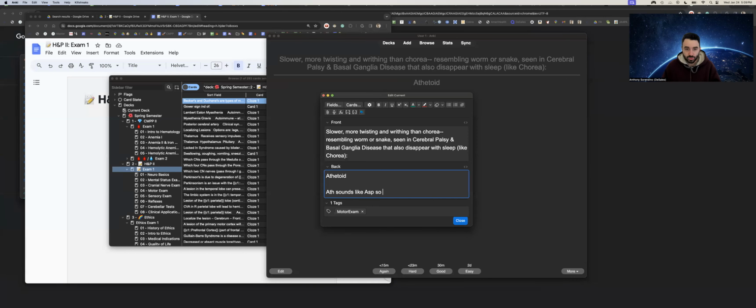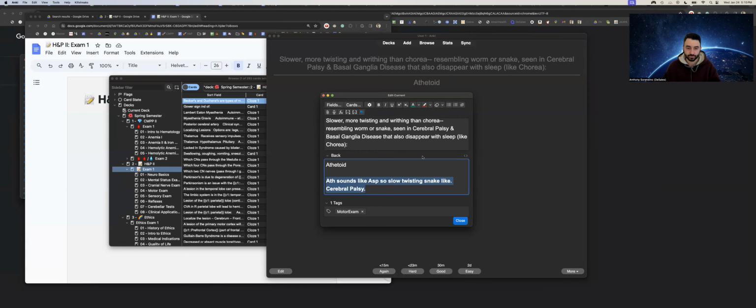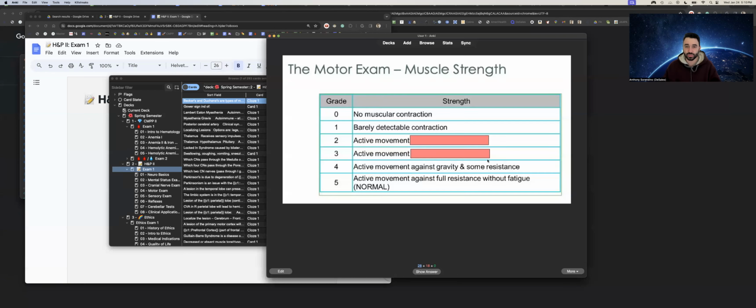Sounds like asp, so slow, twisting, snake-like, and just remember cerebral palsy. A snake crawling down your face, and with cerebral, I'm thinking of Bell's palsy, never mind. But cerebral palsy. A little mnemonic for that. We'll come back to it.